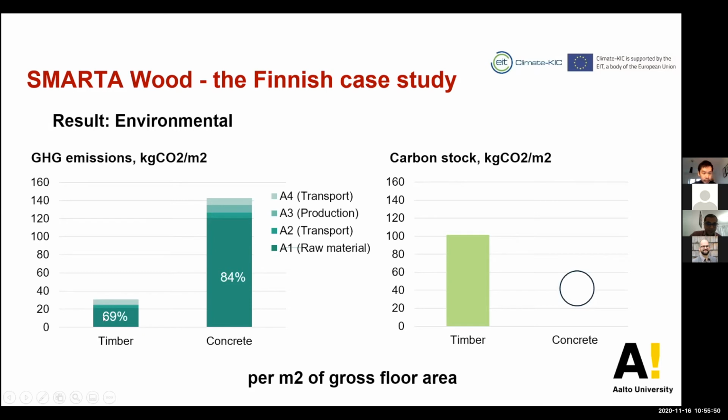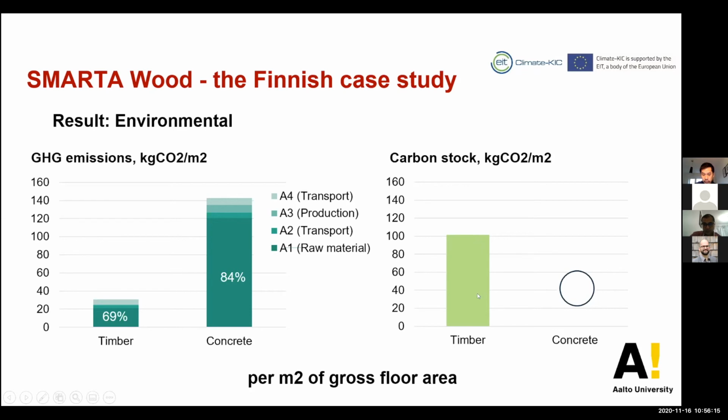And the most part, about 70%, is in the A1 stage. And for concrete, it's 85%. And on the right side, you can see the carbon stock. So there is no stock for concrete, but for timber, what we calculated is about 100 kilograms of carbon dioxide per square meter.